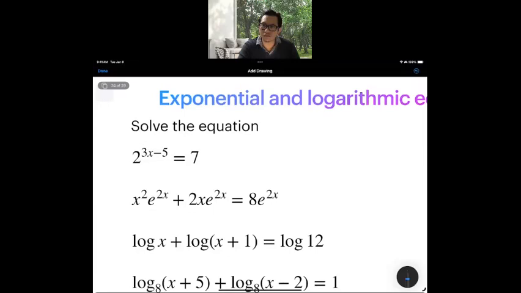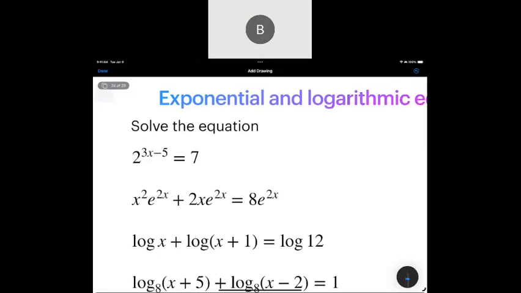Okay, I think he is still not there yet. How about Ben? Ben, are you there? Hello? How about number two? I was thinking just use LN, but I don't know where to go with the LN8E.